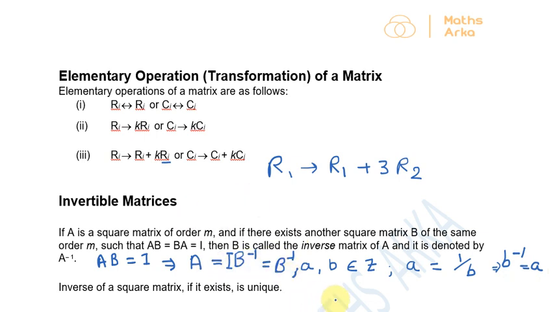I think I should give one example also for the numbers. Let's take the example A is equal to 5 in integers, and then what is A inverse?